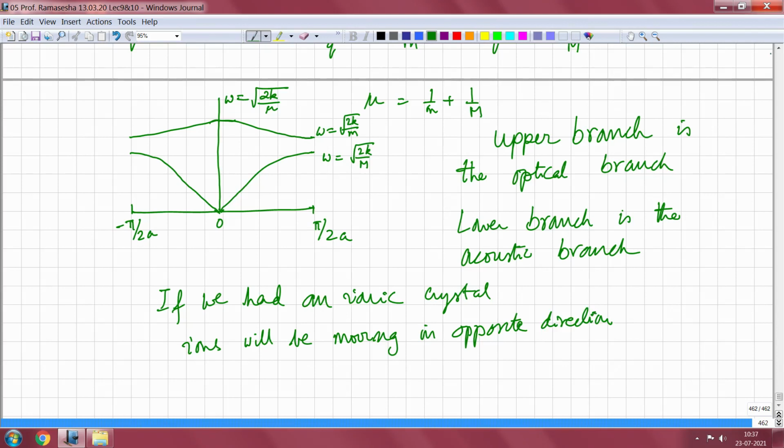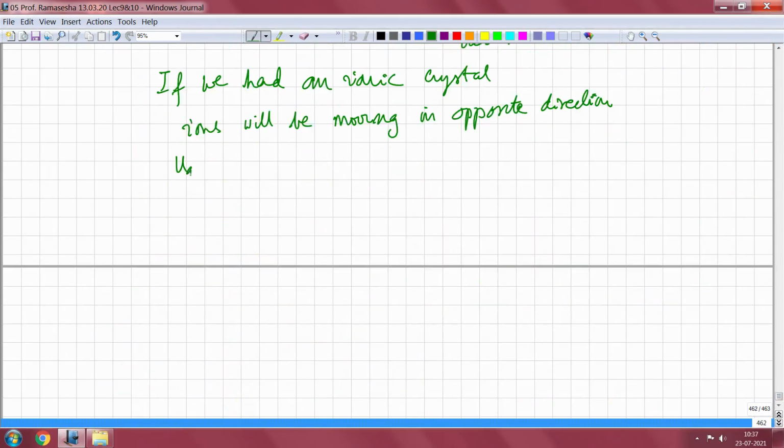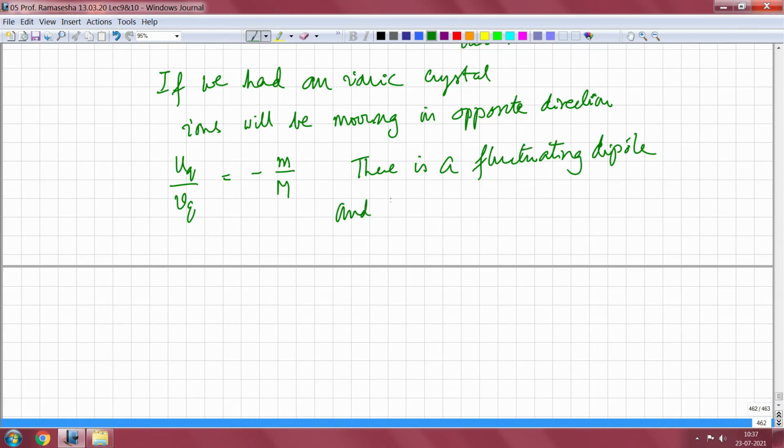We can always substitute for energy in this equation, and then you find out the ratio of uq to vq, and what you will see is that the ratio of uq to vq will be minus of small m by capital M, and so they are moving in the opposite direction. So because of that there is a fluctuating dipole. And this couples strongly to electromagnetic radiation.